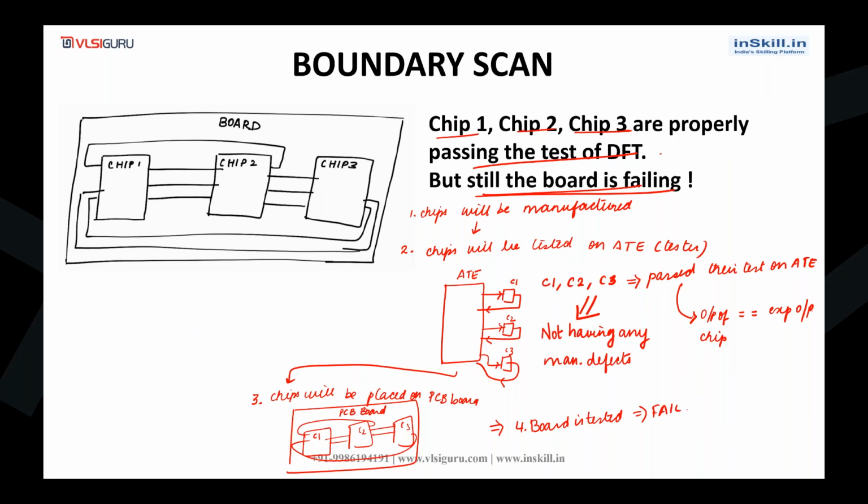Suppose chip 1, chip 2, chip 3 are internally not having any manufacturing defects, because they have already passed their test on ATE. Then why is the board failing when it is being tested? It can be due to manufacturing defects in the interconnection between the two chips.